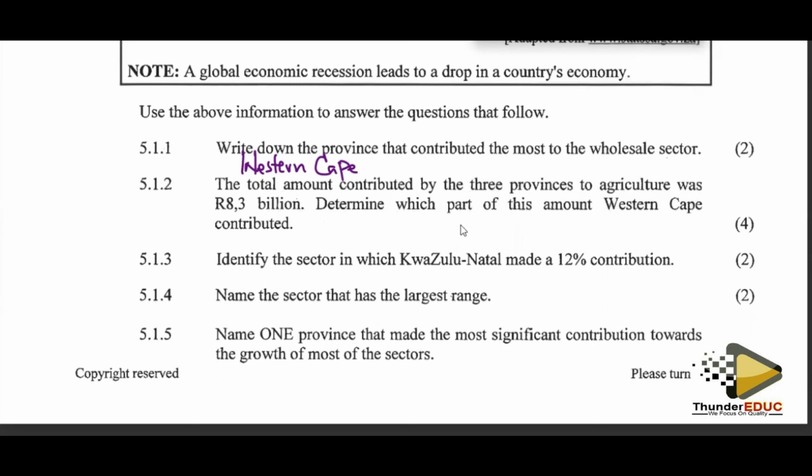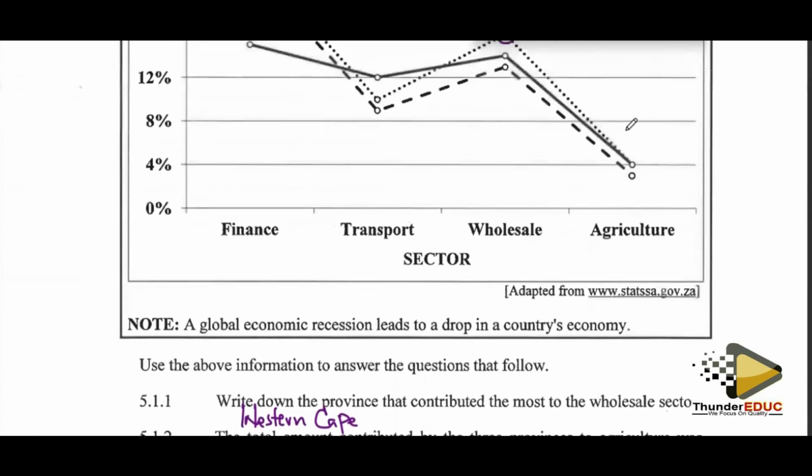Western Cape contributed. So we shall say, this is what? Agriculture sector. We shall come to the agriculture sector. It's here. KwaZulu-Natal contributed approximately 3.9.